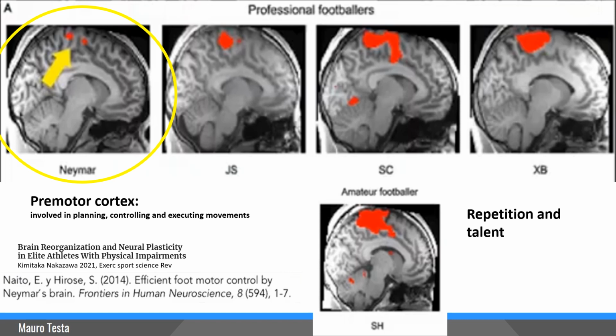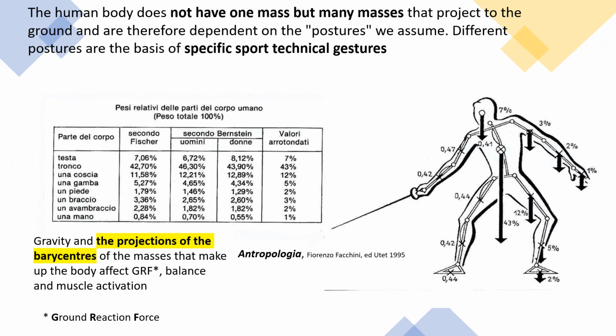So we repeat, to run a sort of automatism in making this movement, in sports with very technical gestures.